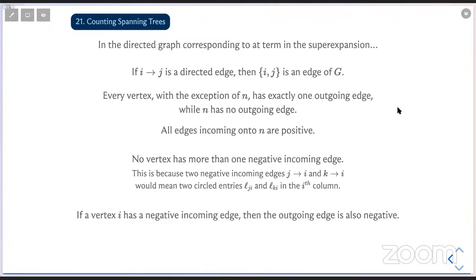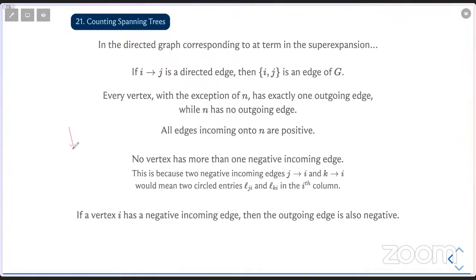Okay, so the next, and I think for now the final claim, is that if you have a negative incoming edge, then your outgoing edge, so remember that other than N, everybody has exactly one outgoing edge, is also negative. Does that make sense? Because again, suppose not.